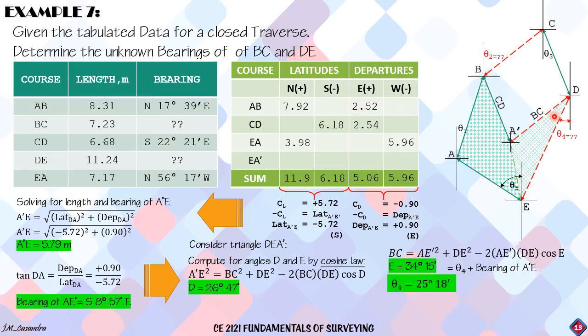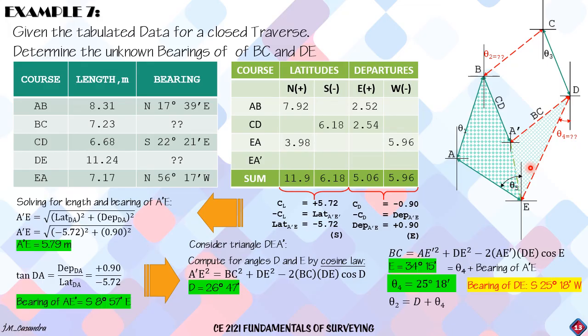So with that, this angle E is equal now to the bearing of A prime E plus theta 4. Okay, so we'll have now E is equal to theta 4 plus bearing of A prime E. So theta 4 now is equal to 25 degrees 18 minutes.